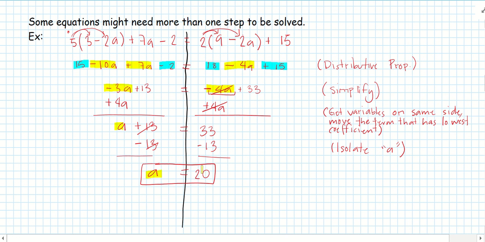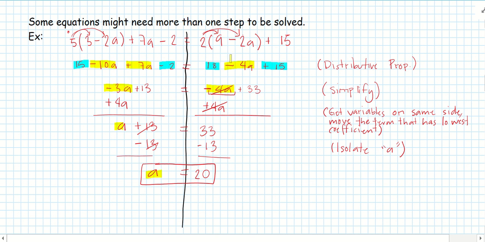What we can also do is plug in 20 for a just to confirm that the statement is true. I'm not going to do that step, I'm just going to jump to the next example. But as you can notice, this equation required us to do more than one or two steps, like in the previous one.